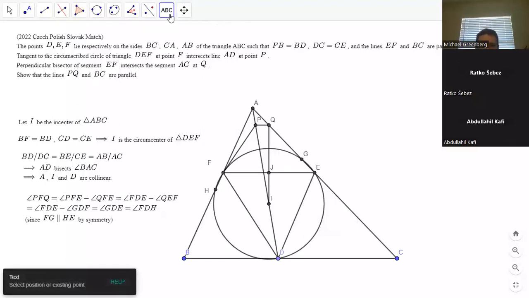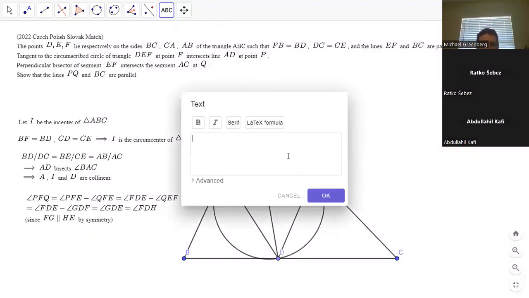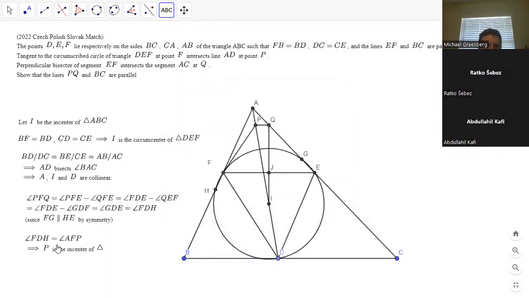And then angle FDH is angle AFP. And this means that P is the incenter of AFQ.